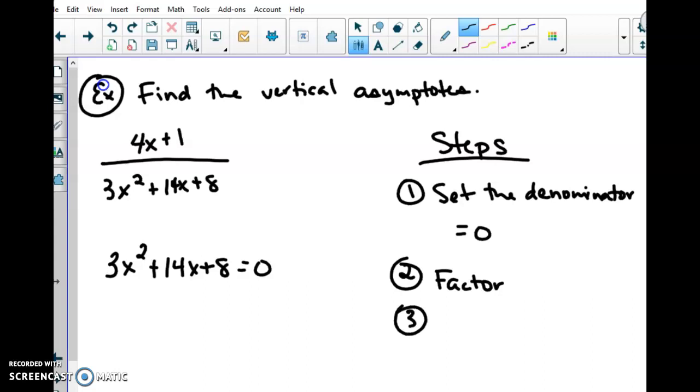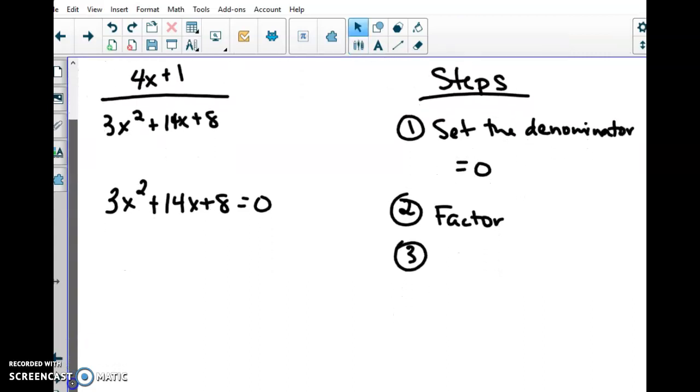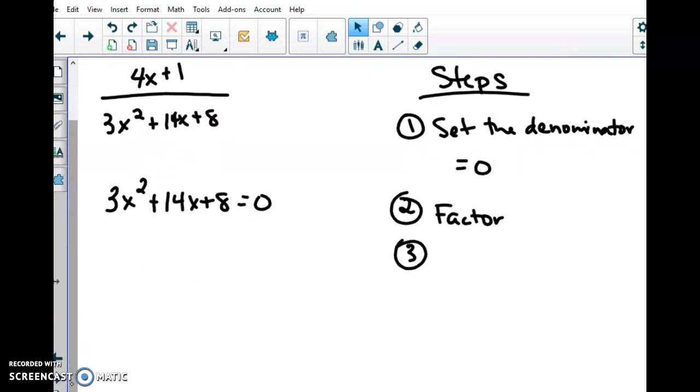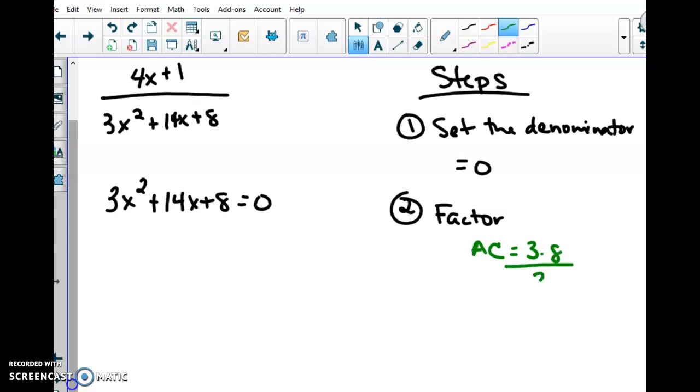If it's an x squared term, we're going to be using the AC factoring. Just a little side note, I'll factor this quickly. My A is 3 and my C is 8, so I'm looking for the factors of 24. One and 24, 2 and 12, 3 and 8, 4 and 6.